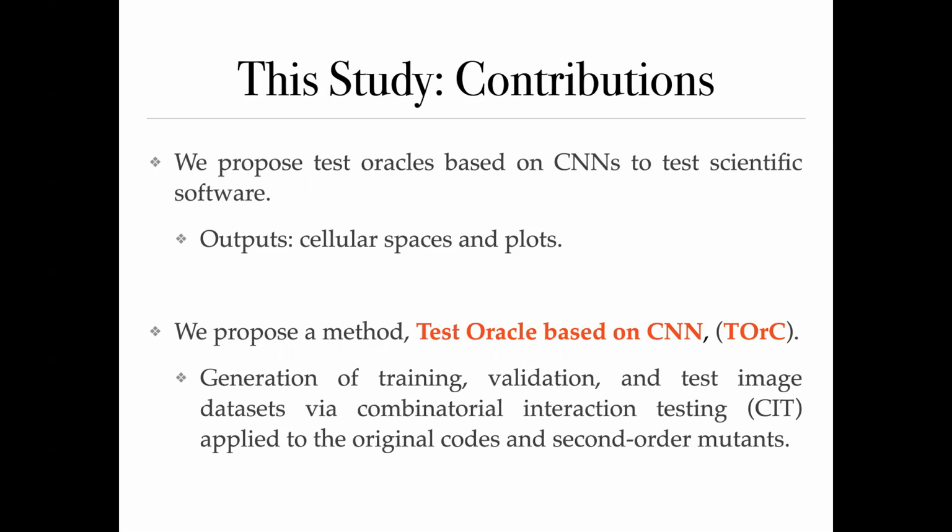We address two types of outputs, cellular space and plots. We propose a method, Test Oracle based on CNN, TOrC, that starts with the generation of training, validation, and test image datasets by combinatorial interaction testing applied to the original codes and second-order mutants.